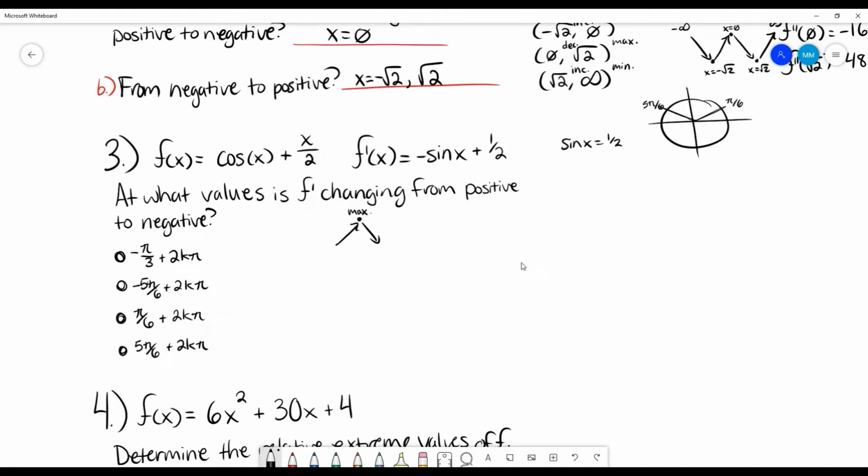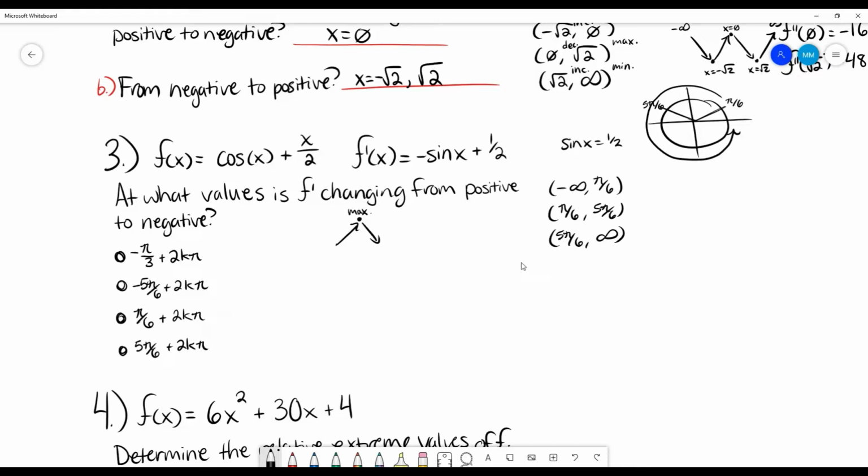So we'll use those as our main critical points, and see what's happening there. So again, I've got these intervals. I've got negative infinity all the way up to pi over 6. I've then got from pi over 6 to 5 pi over 6, because remember we travel along our unit circle like this, counterclockwise. And then I've got from 5 pi over 6 to infinity.